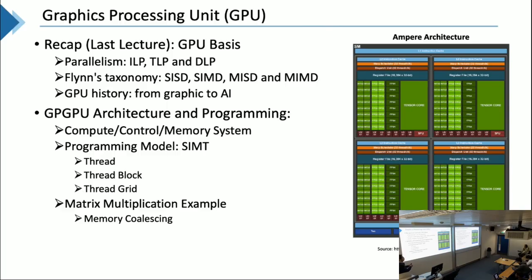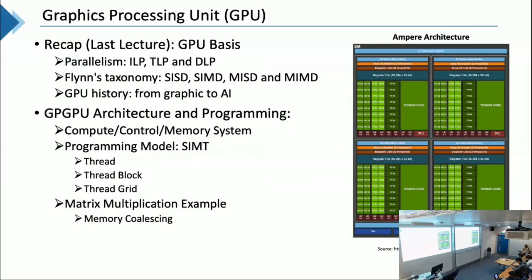So basically what you are doing is, for a given algorithm, you try to separate the computation into multiple subtasks or subprocesses. And you assign each subcomputation to each thread using the built-in variables, thread index and thread block index.